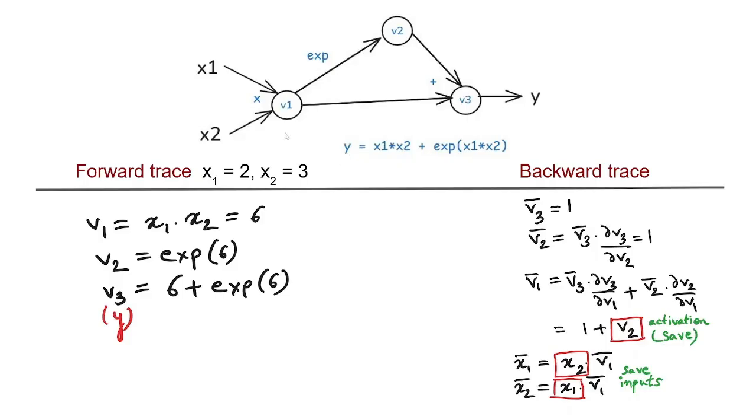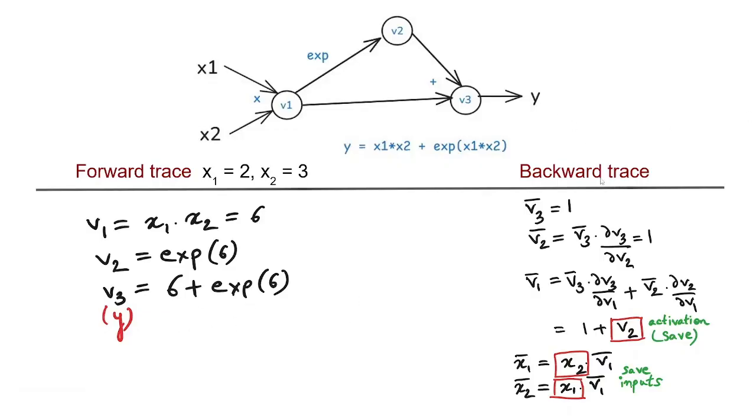Obtaining y given x1 and x2, like the sequence which you have, is called having a forward trace. So I get v1 as this, v2 as the exponentiation of 6, and v3, which is my output, multiplied by 1 here, as y.